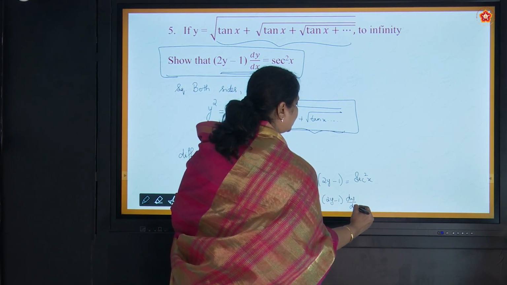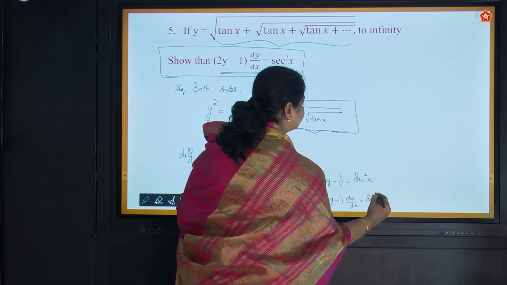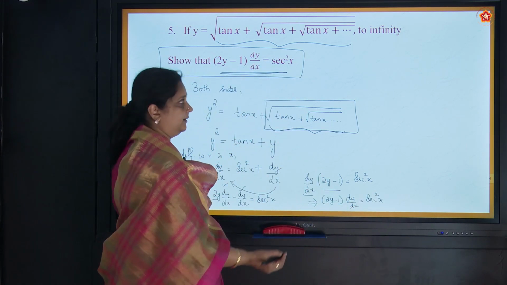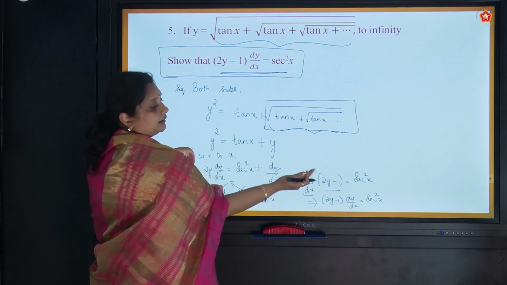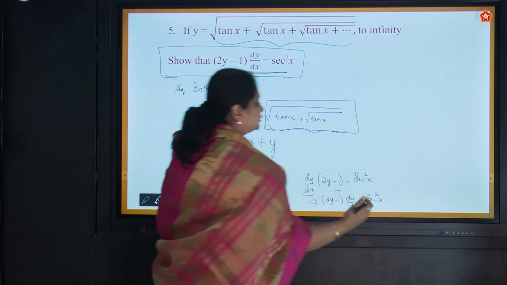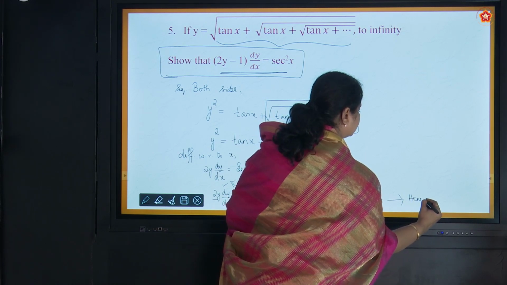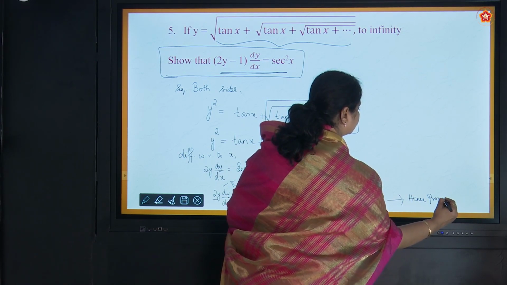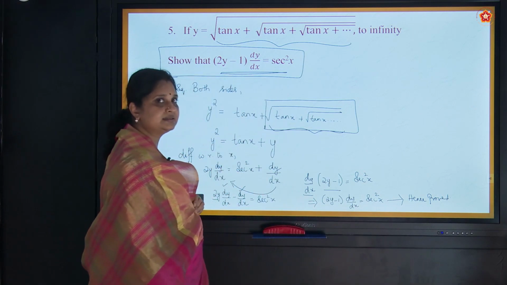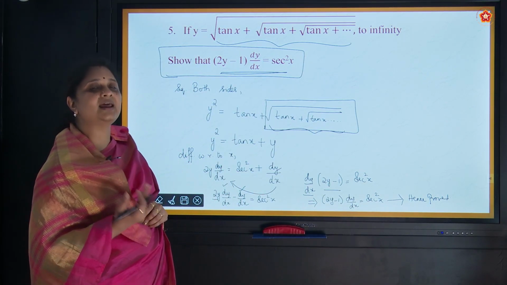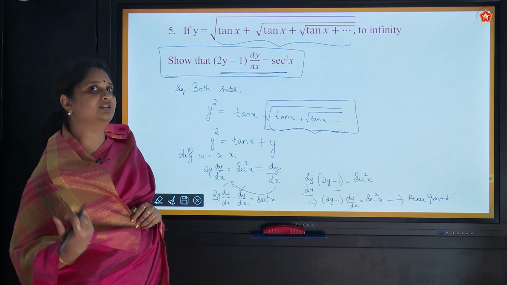You all know that multiplication is commutative. So when I multiply this to this or this to this, all the same. So I rewrite it the way I'm asked to express, and this is the answer. So hence proved. Easy, isn't it? So you just need to find the pattern out and rewrite the function and then go about differentiating.